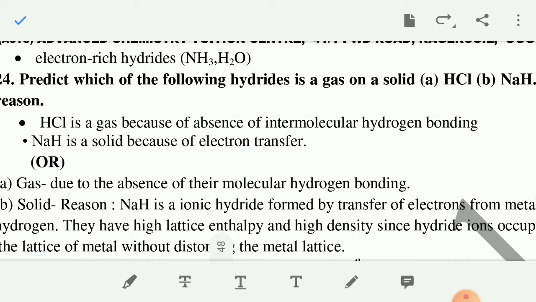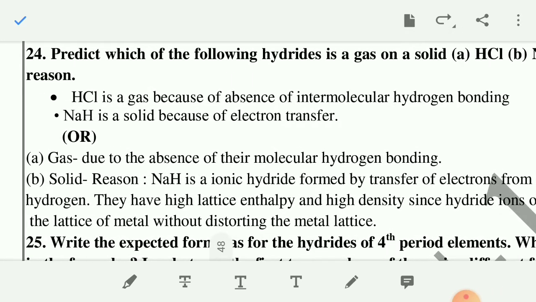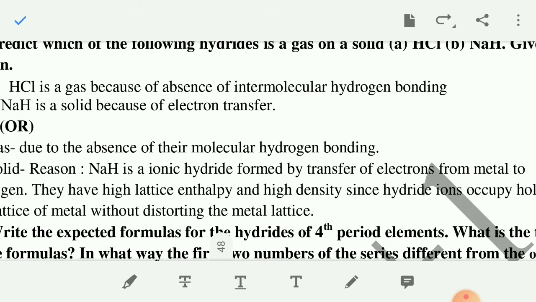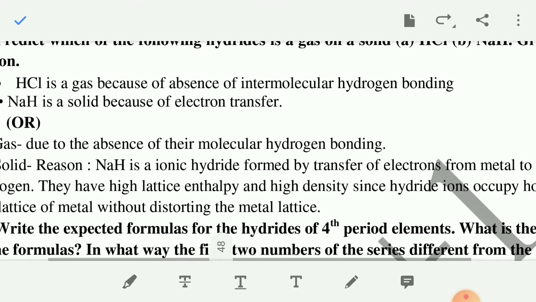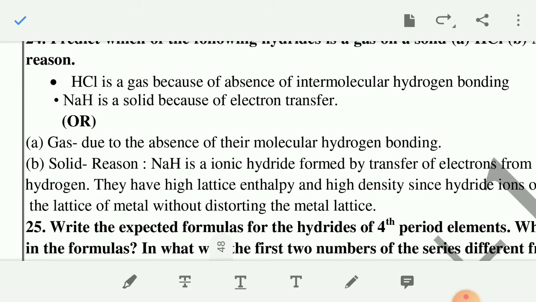Here sodium is a metal, H is hydrogen, so it is an ionic hydride formed by transfer of electron from metal to hydrogen. They have high lattice enthalpy and high electron density, since hydride ions occupy holes in the lattice of the metal without distorting the metal lattice.